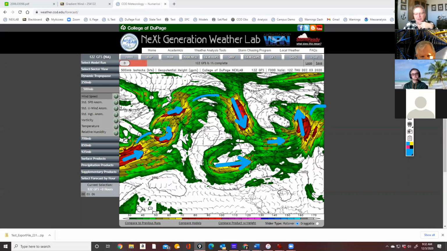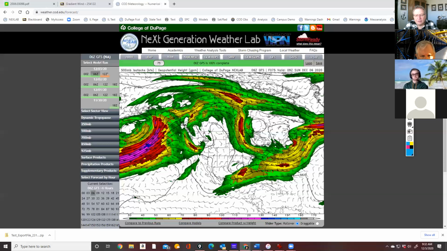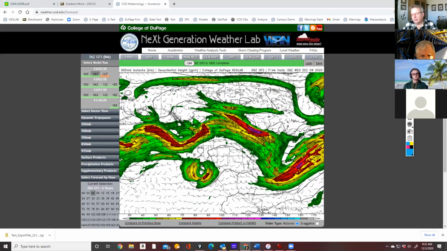So all of the places where I start to see a ridge, I see the air slow down because it can't make the curve. Let me find a better place to show you this. Let's say over here.